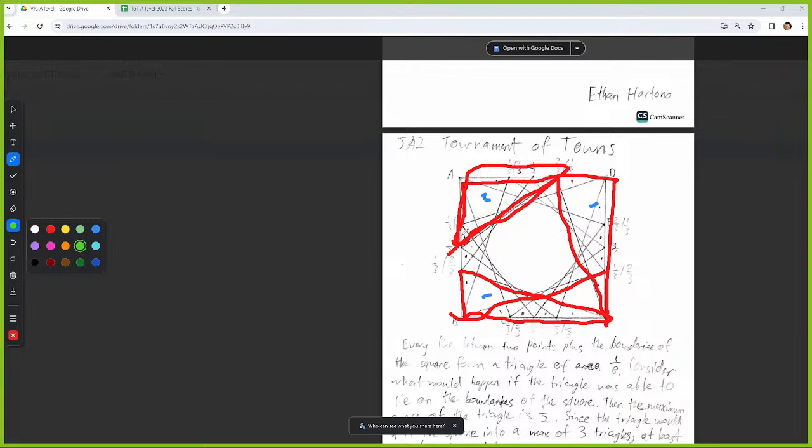At the black line. Where they overlap, like here. Yeah. What about it?